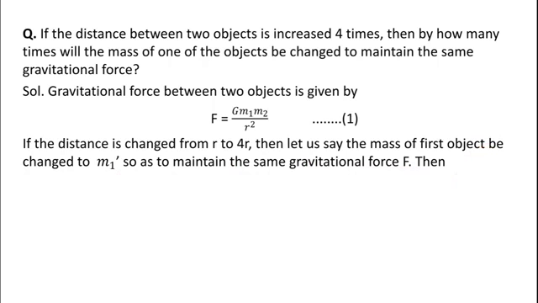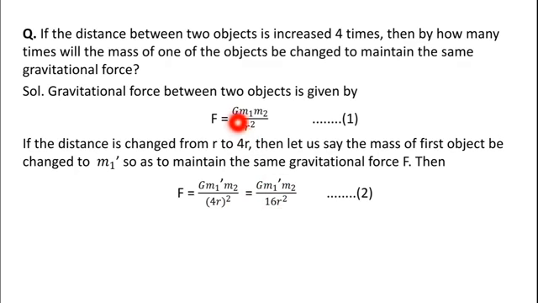Then we can write, F is equal to G, in place of m1 we can write m1 dash into m2 divided by, in place of r we have to write 4r, so 4r square. So it is equal to G m1 dash into m2 divided by 16r square.